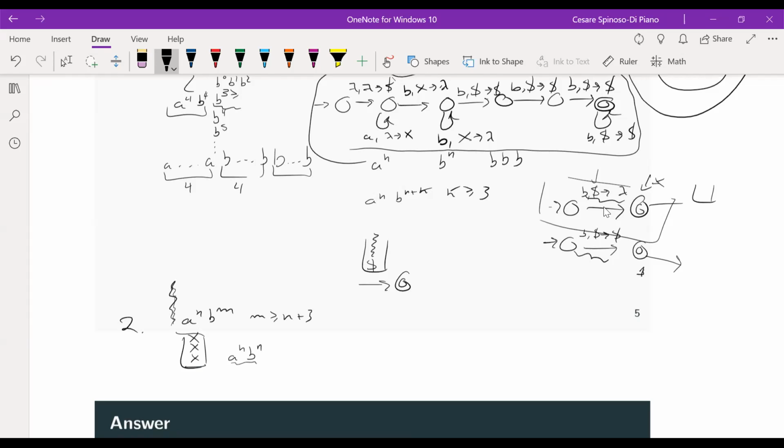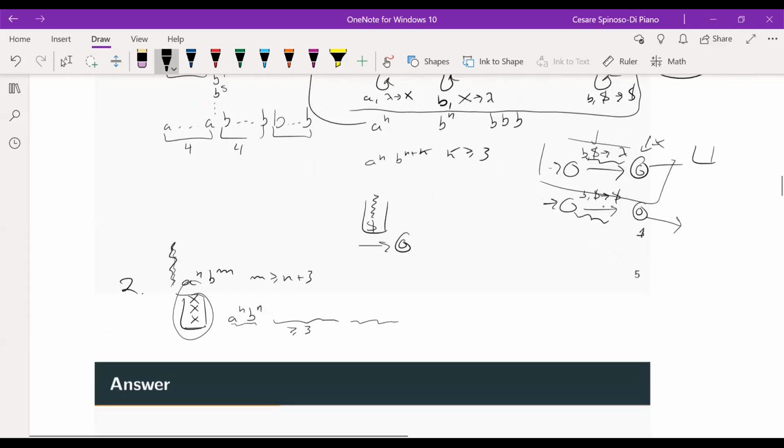And then once you were done, you would just need to pop these x's to make sure that you have at least 3 extra b's, and then you could have kept going by creating extra transitions. So essentially, there's more than one way of doing this. I'm sure everyone knows that by now, but there's not just one answer.